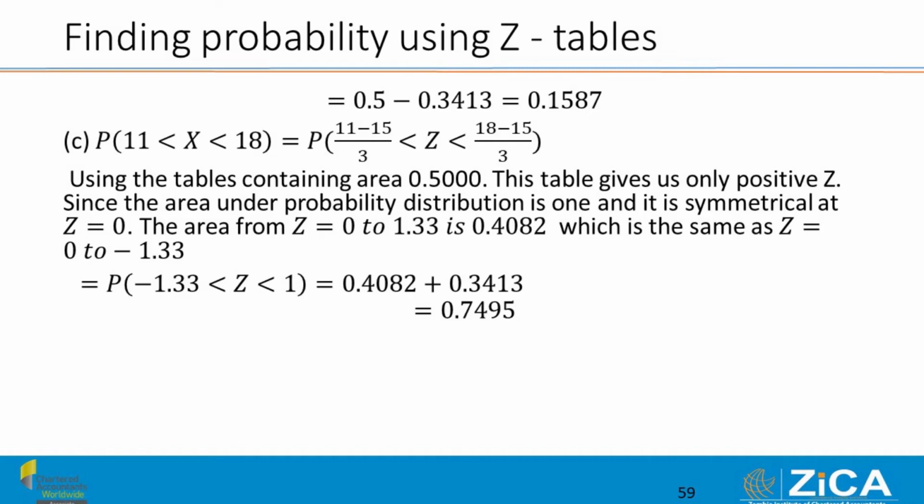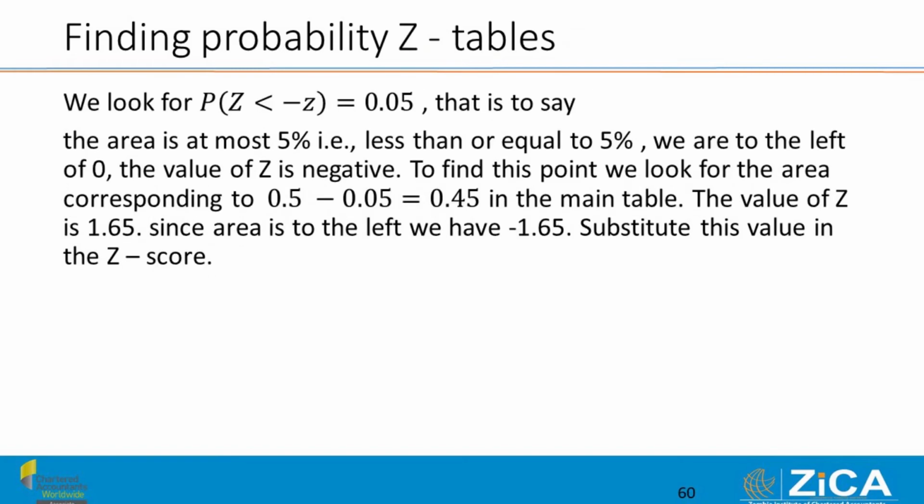So when you go to the table now, the area between 0 and 1, plus the area between minus 1.33 and 0, you add those 2 areas. That's how we have got what? 0.749.